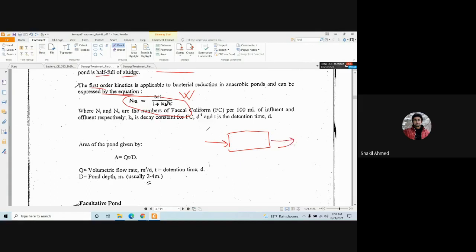Initially, your microorganism concentration is this, and finally, your microorganism concentration is this. So this is Ni, this is Ne. Influent, which is incoming, and this is effluent.